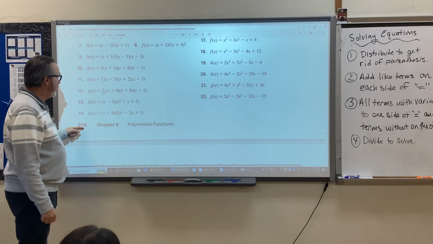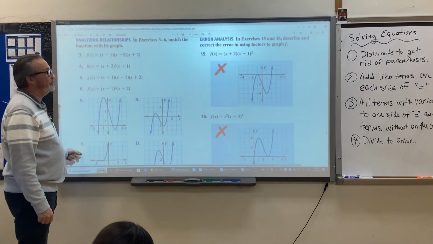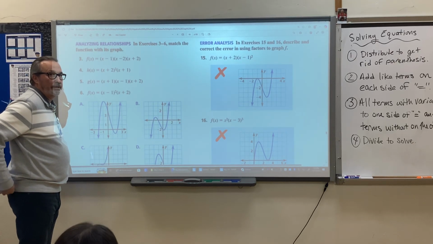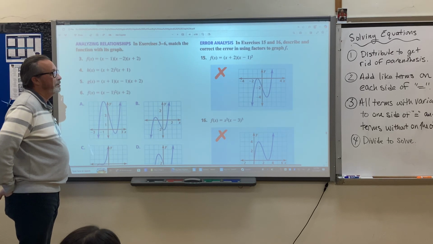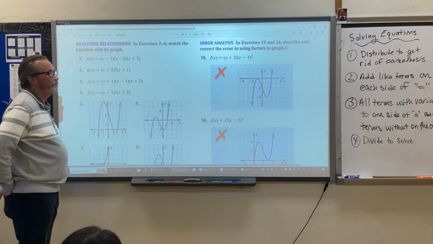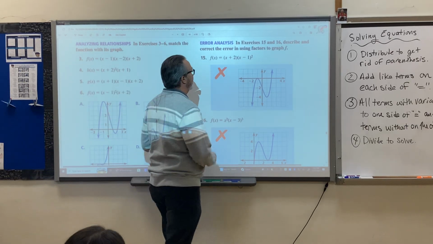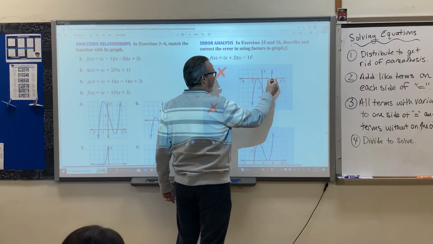These. 15 is the last one. What's wrong with that one? They never changed this sign. Yeah, it looks like the zeros are at negative 2 and positive 1.